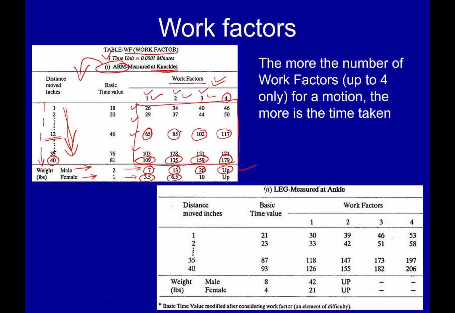Similarly, the second table is the movement of the leg, measured at the ankle, with distances to be traveled of say 1 to 40 inches for male and female. For the male traveling with a weight up to 42 pounds, it will be classified under work factor 1, and for the female carrying a weight of 21 pounds, it will be classified under work factor 1.